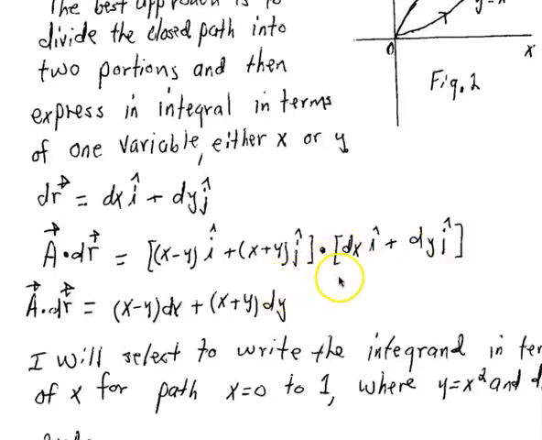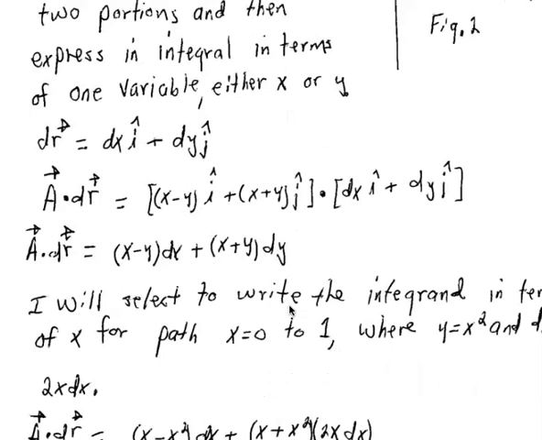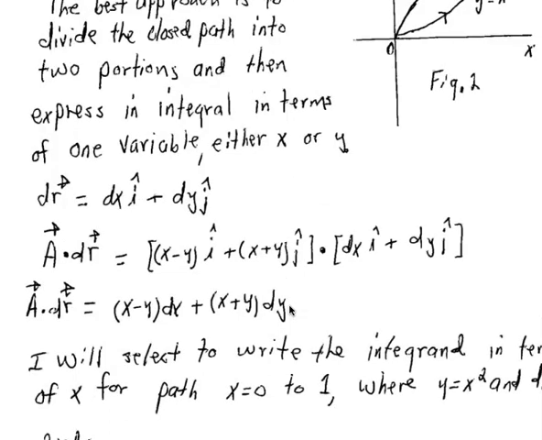And then you take the dot product appropriately, and you come up with this expression: A dot dr is equal to the quantity (x minus y) dx plus the quantity (x plus y) dy. No problem. Now, one still can't perform this integral because the integral has to be along that specific path.